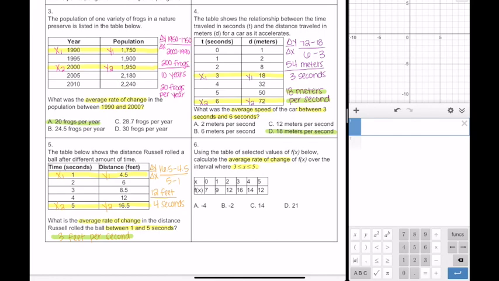So we're looking at 3, 16 and 5, 12. Notice where your x and y values are. Your x is on the top, and f of x is your y. So x is on top, y is on the bottom.